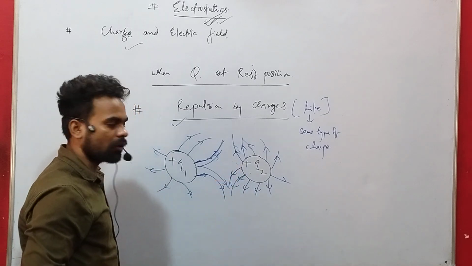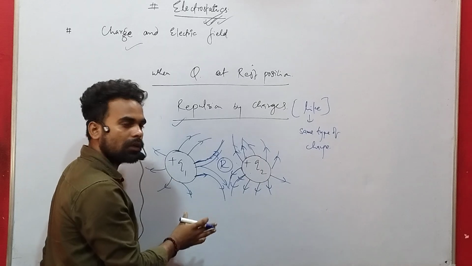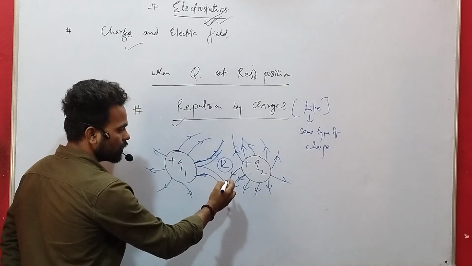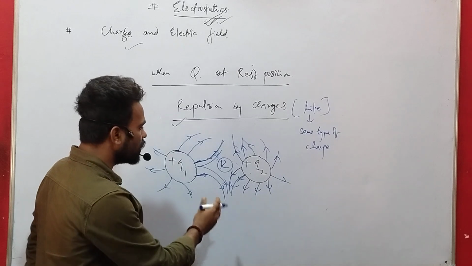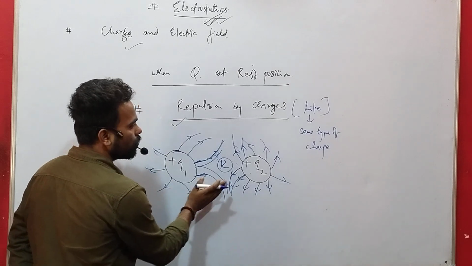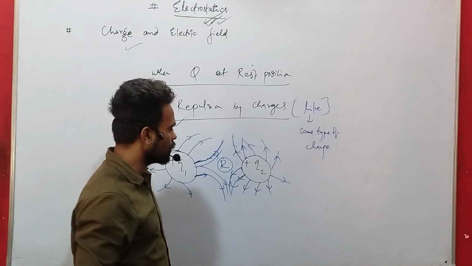This type of electric field curve shows the repulsion. When both charges come closer, they create a repulsion force. The meaning of repulsion force is to go far away from each other.